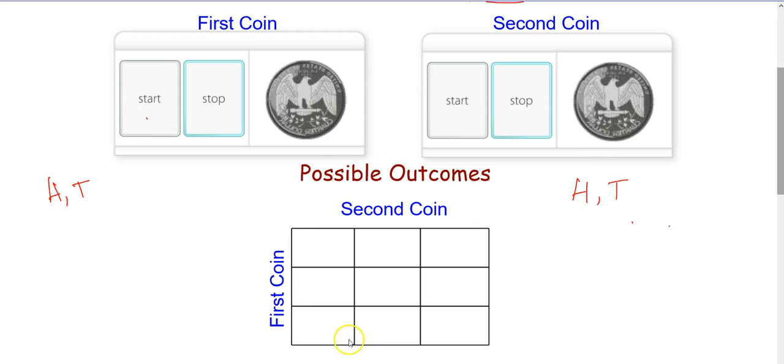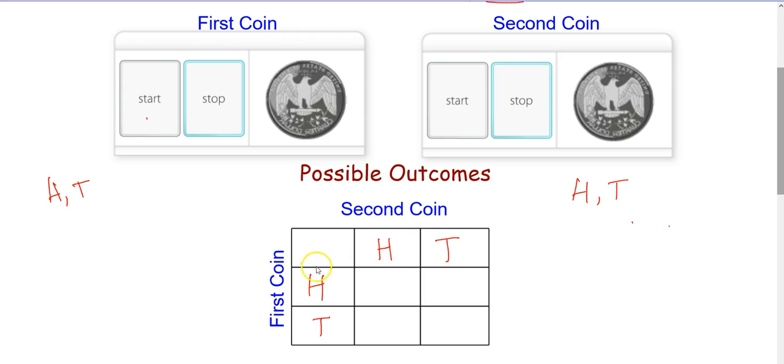So now we are putting these two events together. First coin's possible outcomes are either the heads or the tails. In the same way, from the second coin, the possible outcomes are either heads or tails.